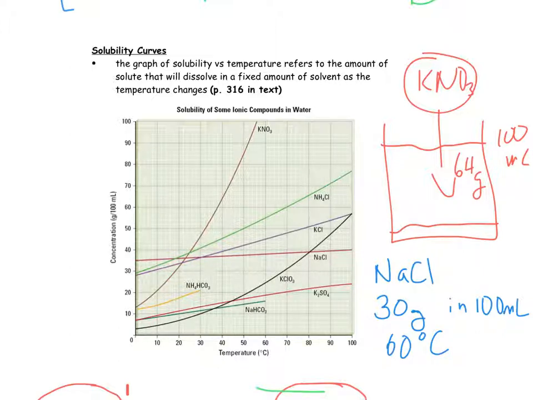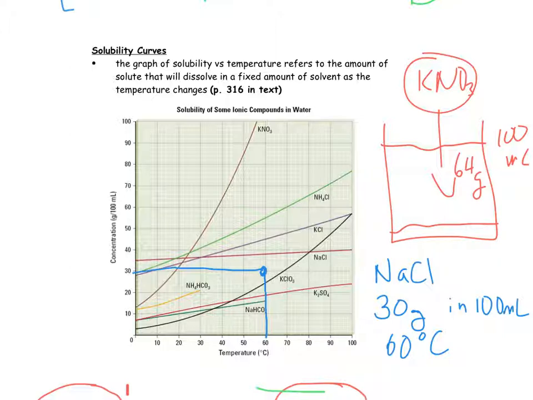All right, so I'm going to go ahead and tackle this problem. 30 grams in 100 milliliters at 60 degrees Celsius. I'm going to follow my 60 degrees Celsius line up to 30 grams per 100 milliliters, and I'm hitting right here.